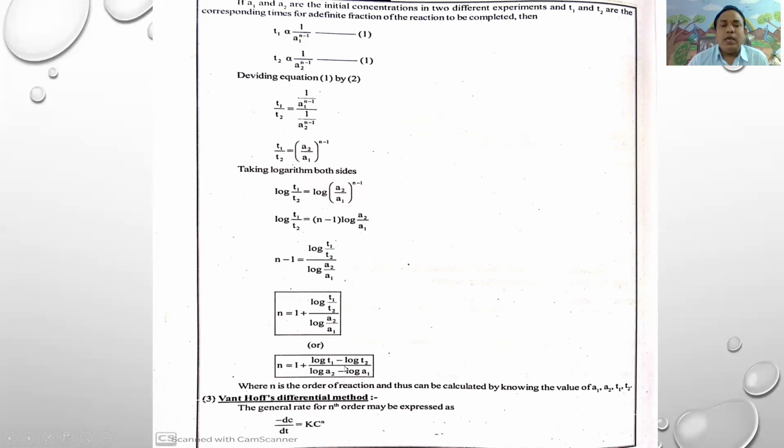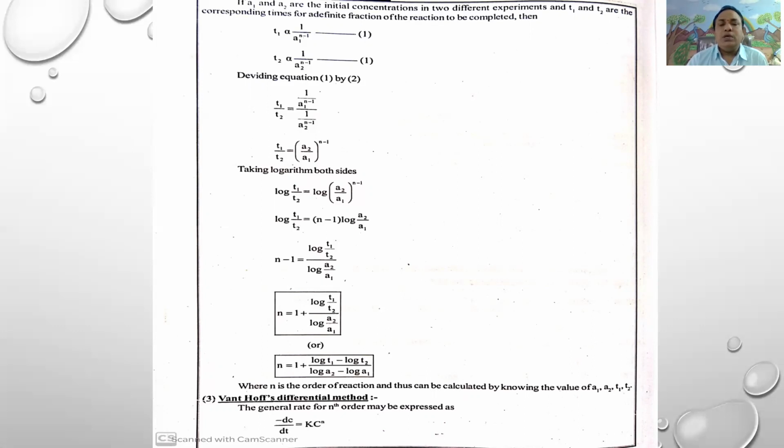Here a1, a2 are the initial concentrations of the two different reactants, and t1/2 and t2/2 are the half-life periods of the chemical reaction. It is also called the fractional life method or half-life method.